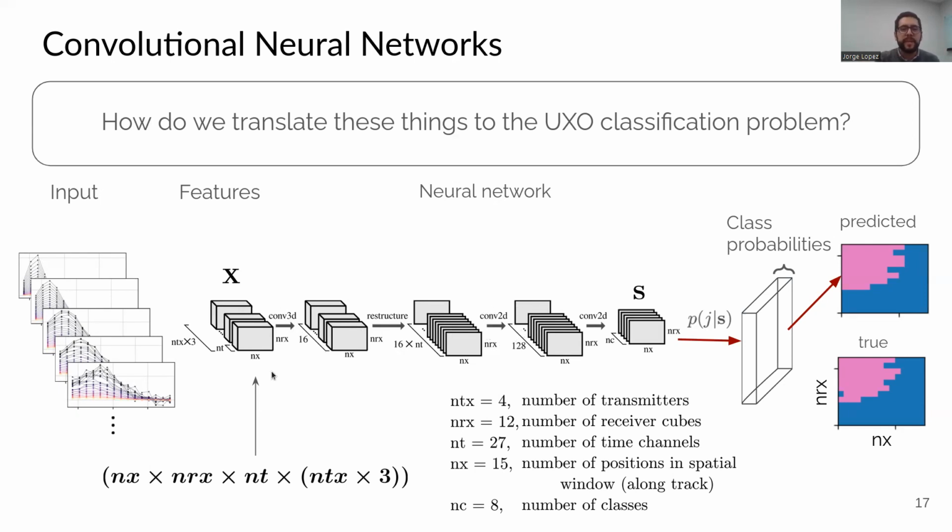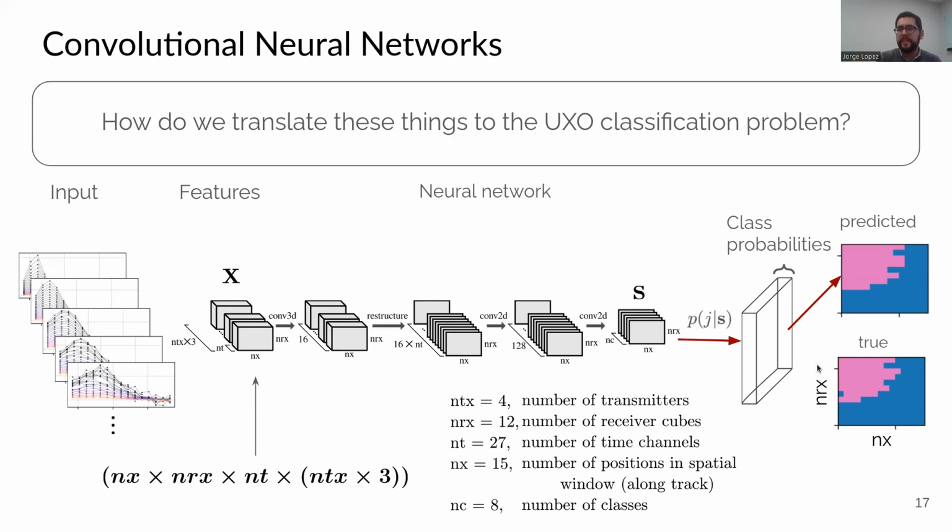This is because we want to preserve the spatial dimensions of our input, nx and nrx. You'll notice our output still has dimensions very similar to what we had before for the image segmentation approach, and this allowed us to get a higher resolution classification map at the end.